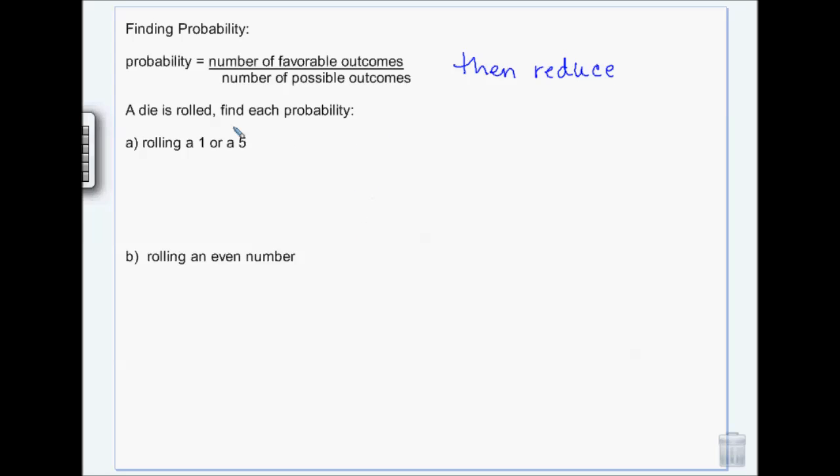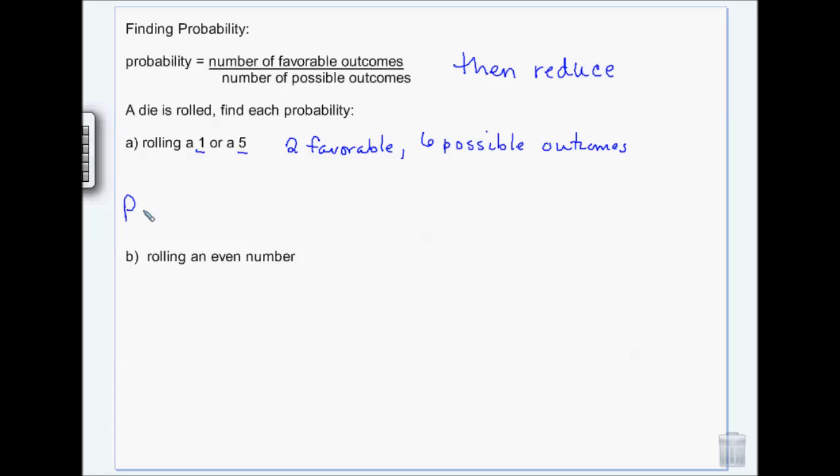Okay. So if we take a die, one single die, if you have a pair it's dice, and if you have just one, it's called a die. And we want to know what is the probability of rolling a 1 or a 5. So this is 2 favorable outcomes, right? How many possible are there? 6, because there are 6 sides, 6 numbers.